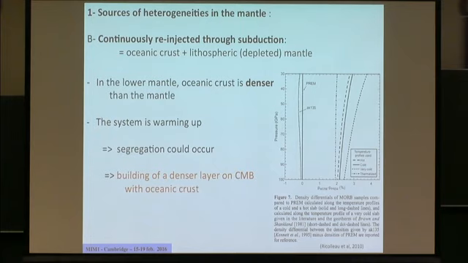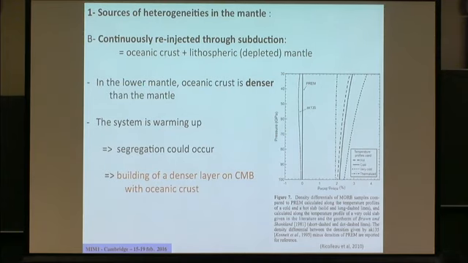So it means that if the system is warming up and so the viscosity decreases, you could have segregation between the dense oceanic crust and the bulk of your slab and the bulk of the mantle. So in fact, if the time scales allow it, you could build a denser layer of oceanic crust on the core-mantle boundary.